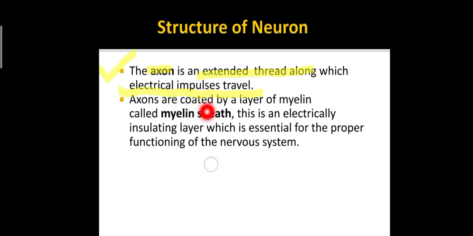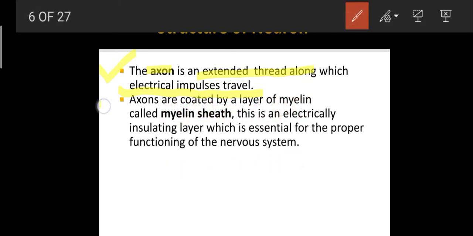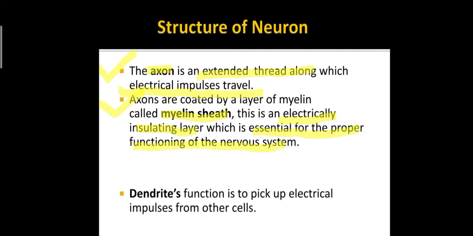Normally axons are coated by a layer of myelin. This layer of myelin is known as the myelin sheath, and it is an electrically insulating layer which is essential for the proper functioning of the nervous system.